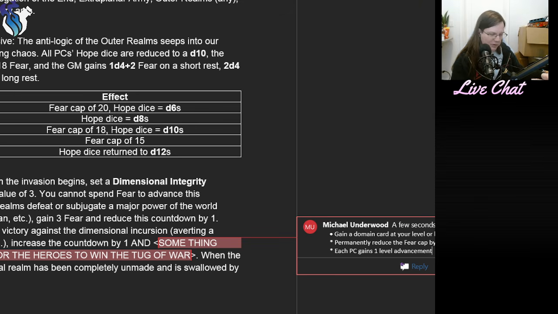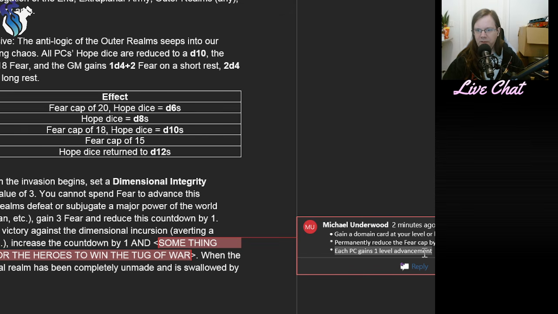I will need to, of course, double check this against the SRD. Okay, you gain advancements. When you choose your advancement, mark the appropriate slot. Okay, level advancement, yes, I think that is right. I'll have to go back and double check.